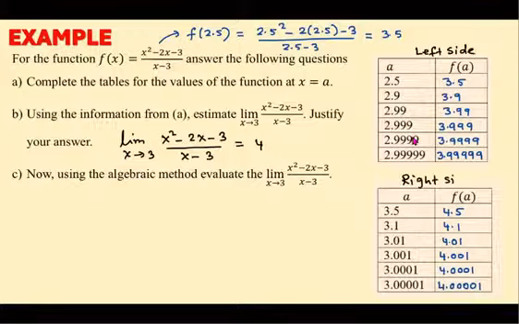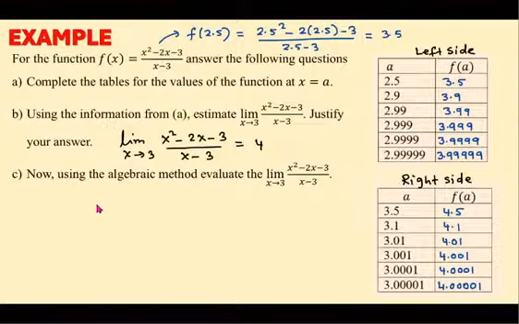In both, we go closer and closer to 3, and we see that the function value approaches 4. Both the left-hand limit and right-hand limit are equal, so the limit exists, and that limit is 4. So we calculated that limit using the numerical method.